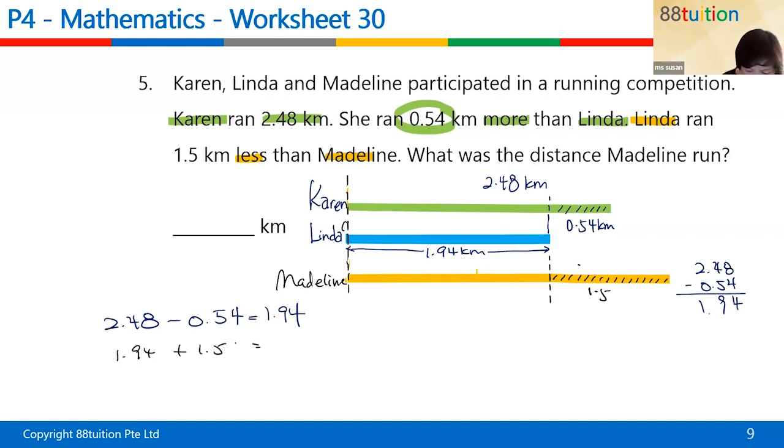You should get 3.44. Okay, so now the question from here to here, my final answer, 3.44.